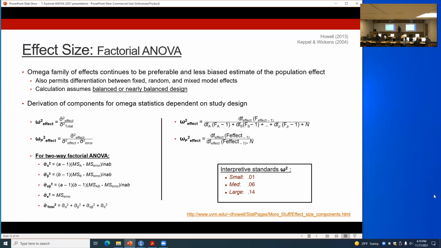But if we wanted to calculate omega squared or partial omega squared in a factorial design, these are general formulas that will get you there. Again, the interpretation is the same as before, right? This is just a better population-based estimate for this omnibus effect than what we get with eta squared.